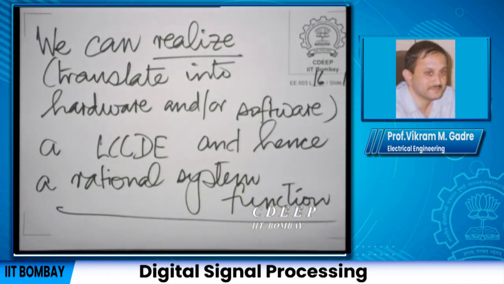A rational system function is realizable. It is realizable because you can use a finite amount of hardware and software to translate it into an implementable structure.